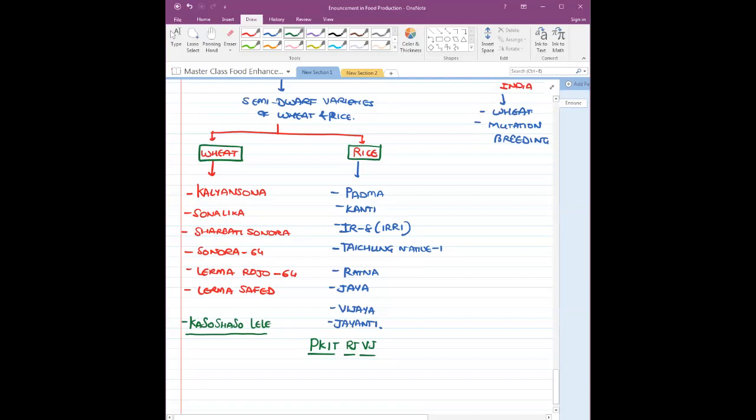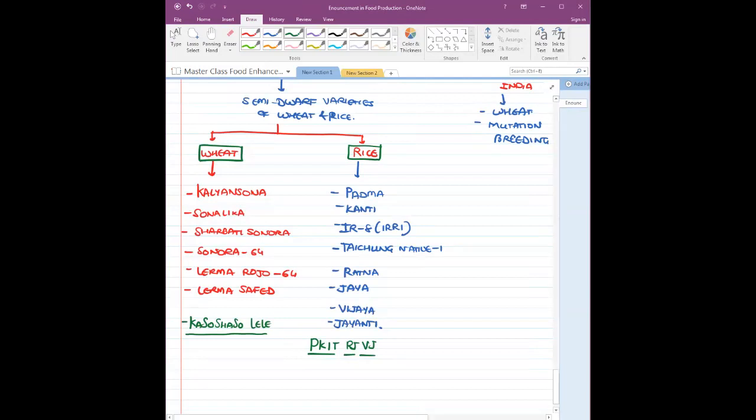So guys, either you follow this, pick it RJVJ, or you follow Kaso Saso Lele, or you make your own things. But you have to know it this way, guys. You need to know this because in your NEET exam, just imagine there are going to be some 25, 30 more names in this chapter.